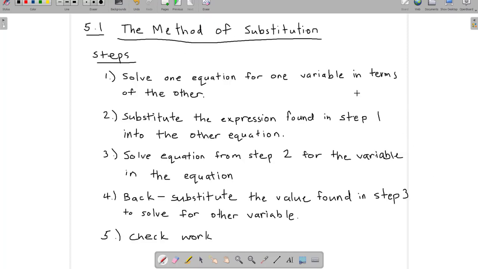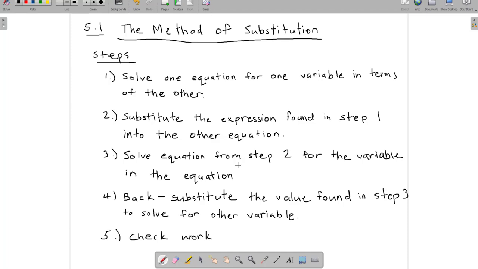The first method we'll learn is the method of substitution, which is 5.1 in your textbook. Here are the steps to do this. First we're going to want to solve one of the equations for one variable, either x or y, in terms of the other variable. Then we're going to substitute that expression we just found in step 1 into the other equation that we haven't worked with yet.